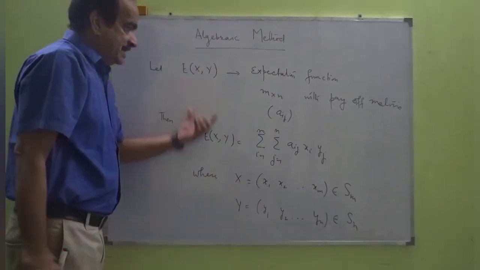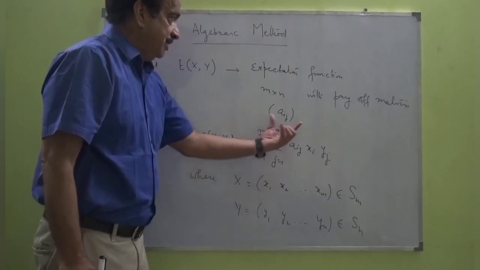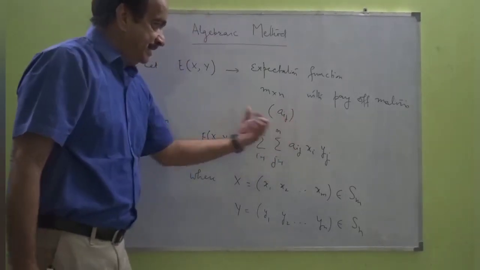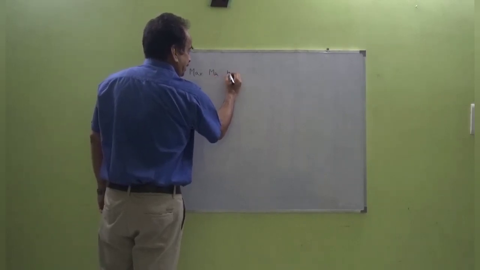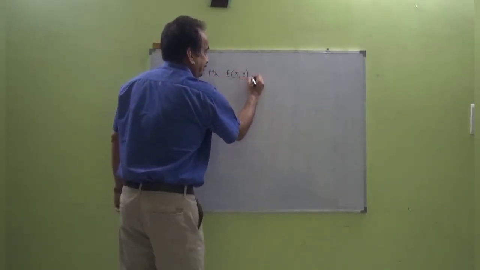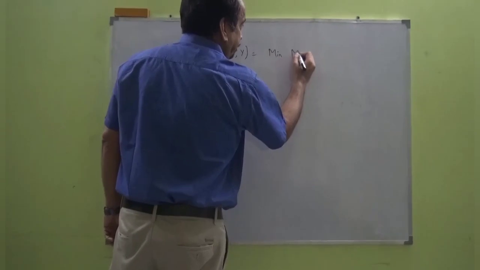So E(X,Y) is the expectation function for an m cross n rectangular game with pay-off matrix a_ij. By the previous result, max min E(X,Y) and min max E(X,Y) both exist and are equal.